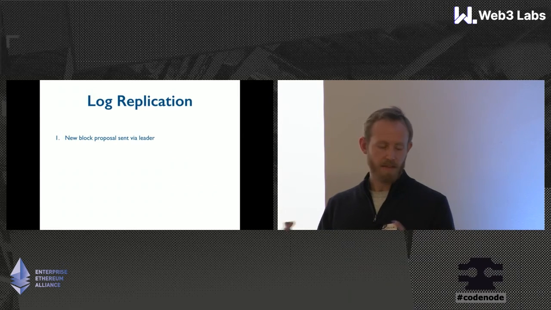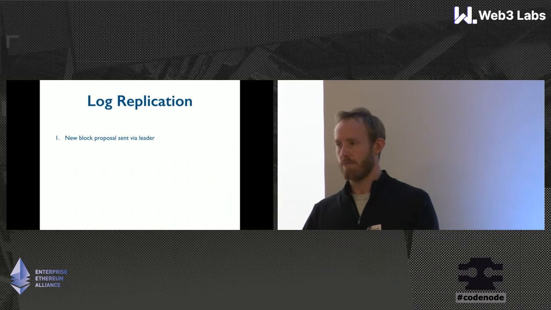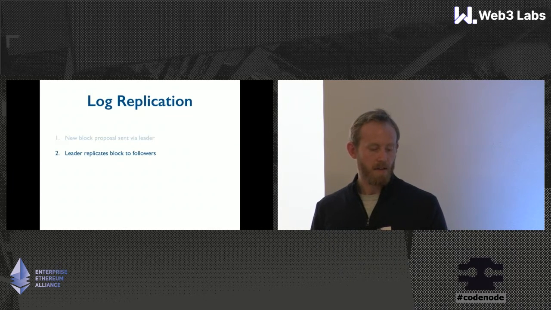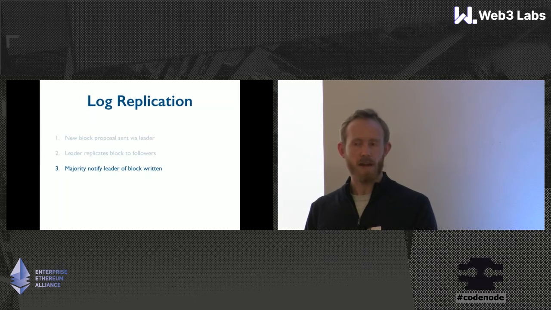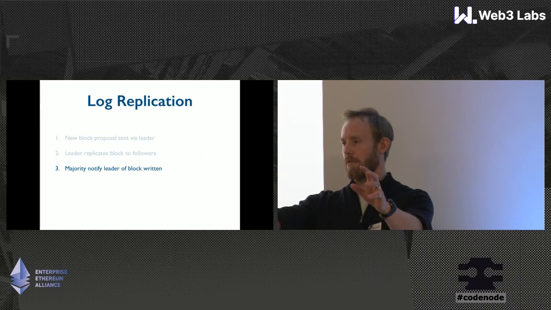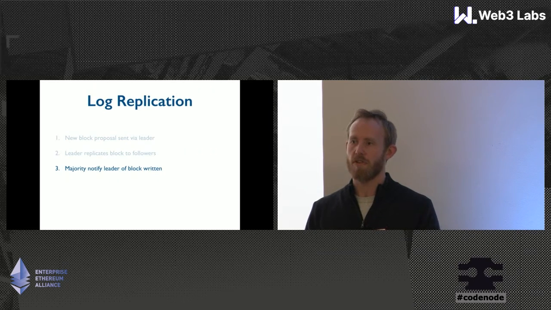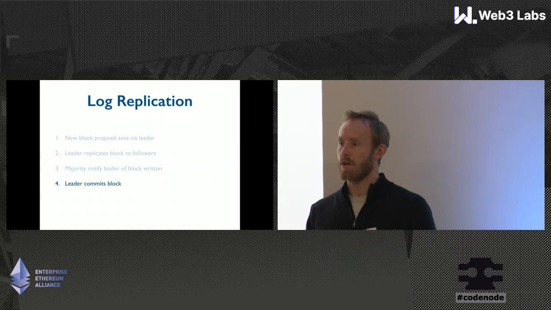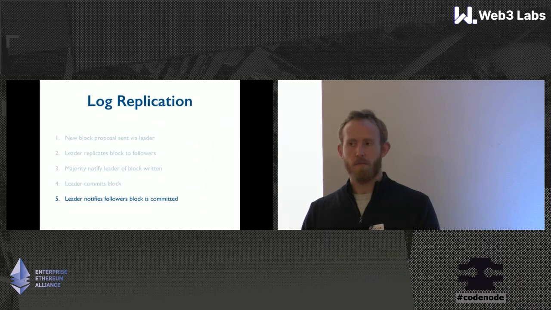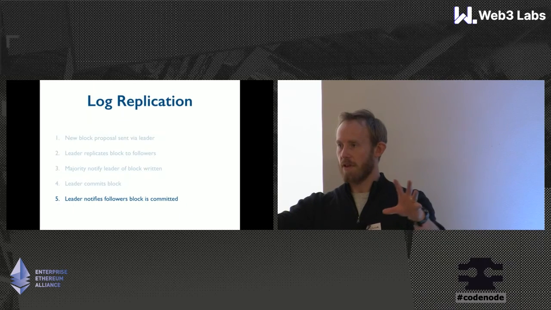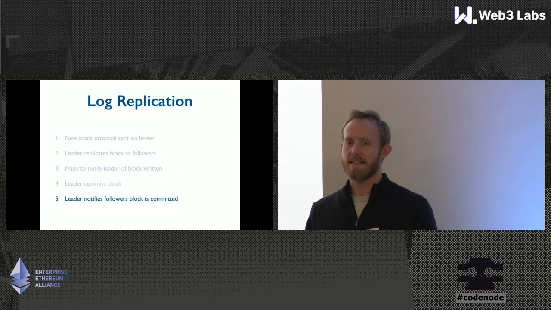Then it puts together a block in the same way that a miner right now proposes a new block, and replicates that block to all of the other followers on the network. Then it waits for those nodes to come back and say, yeah, we've written that to our log, and they send a message back. When the leader has a majority of the nodes responding, it commits the block itself. After that, it sends out another message to the nodes to say that this block is being committed. So that's how the consensus works.